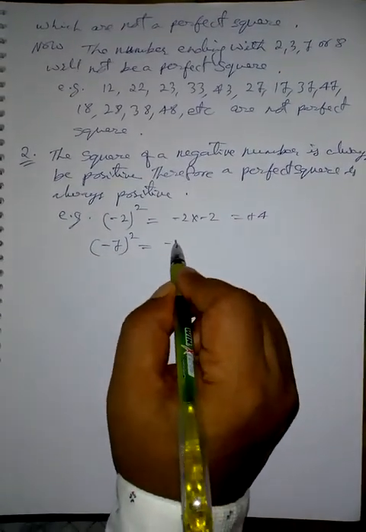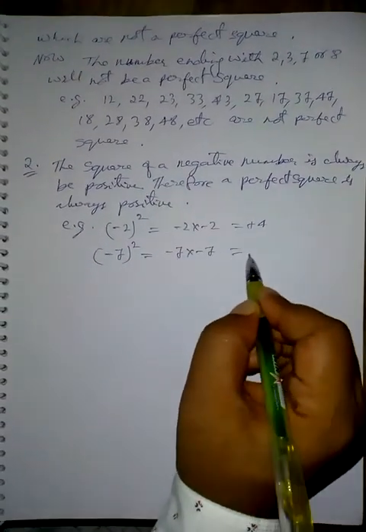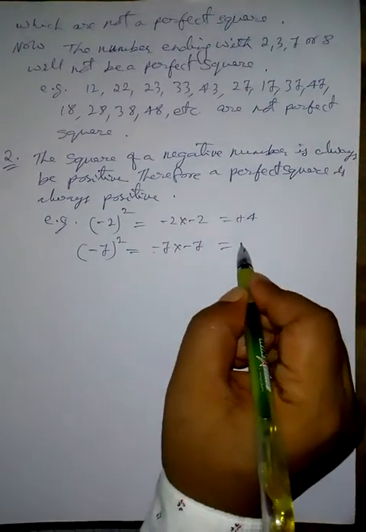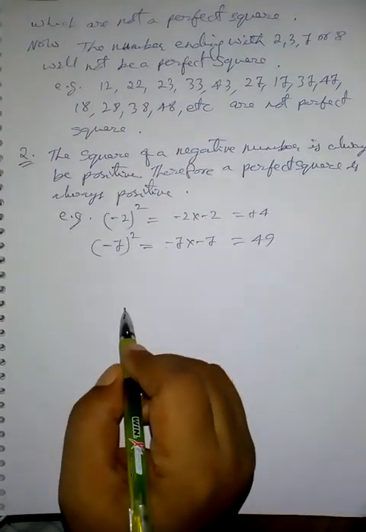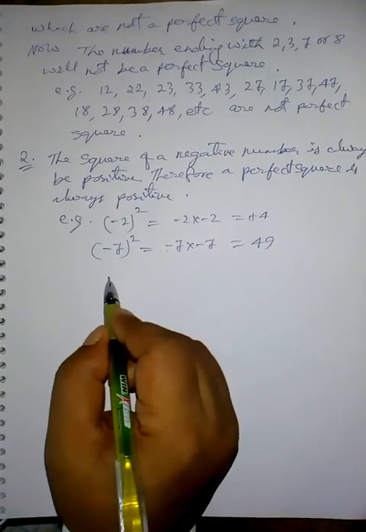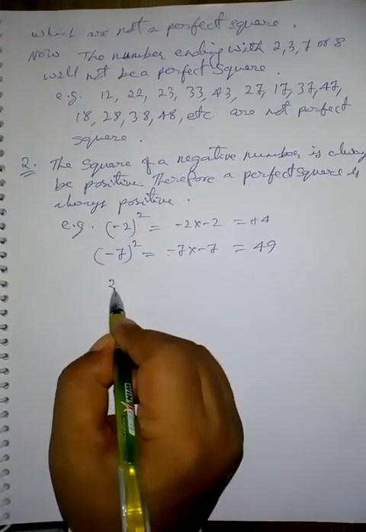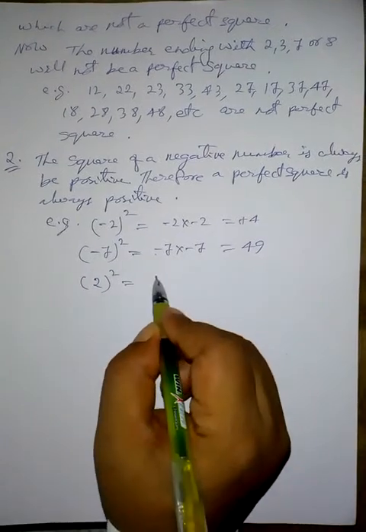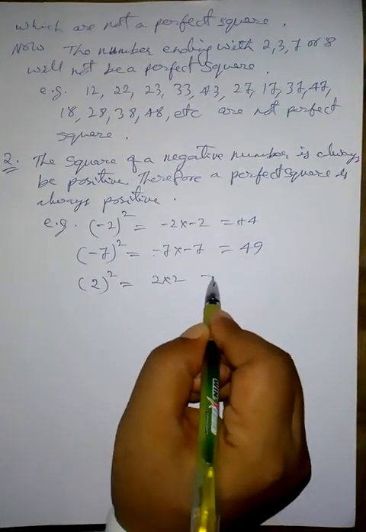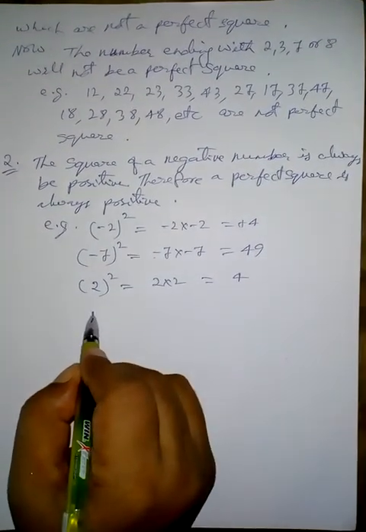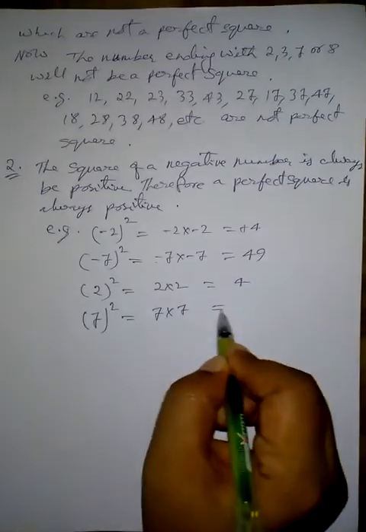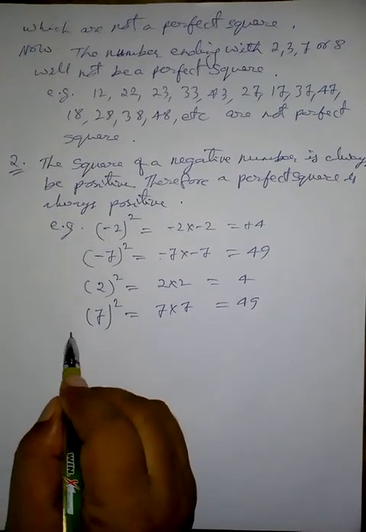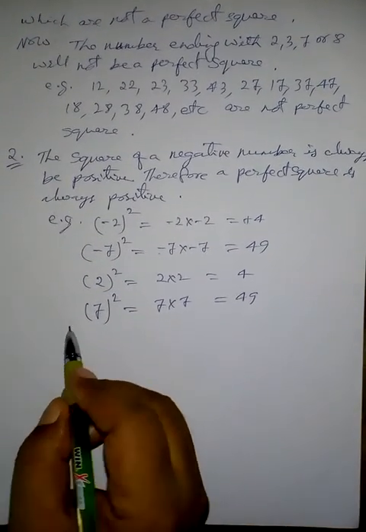The square of minus 7 is minus 7 into minus 7, that is plus, and 7 sevens are 49. And if we take the square of a positive number, it will be positive. 7 square will be 7 into 7, 49. This shows that a perfect square is always positive.